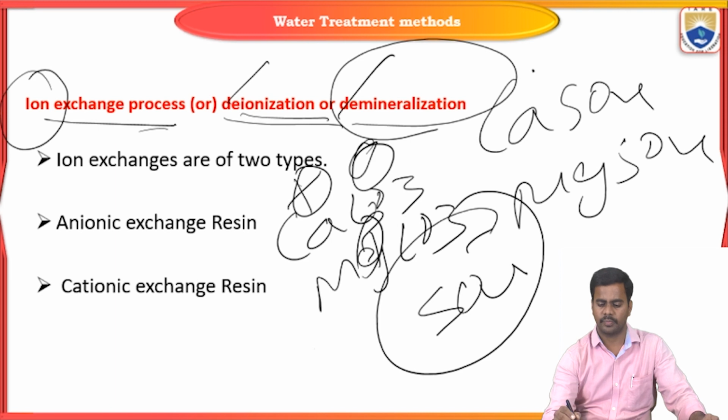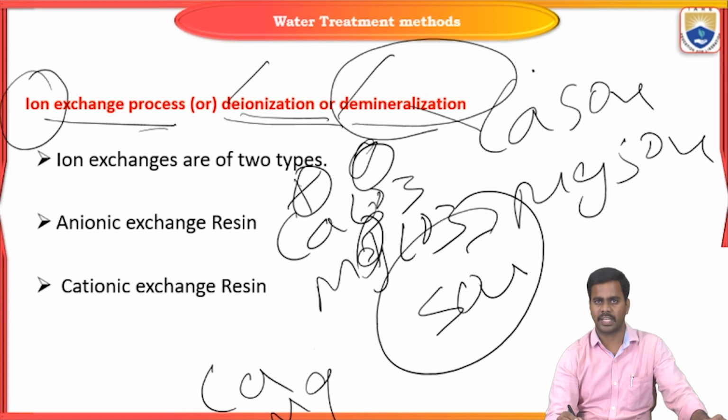D means remove minerals. We know that calcium and magnesium are called minerals. Why? Because when we speak about human beings, drinking water must contain some amount of calcium and magnesium, as they act as minerals for our body buildup.